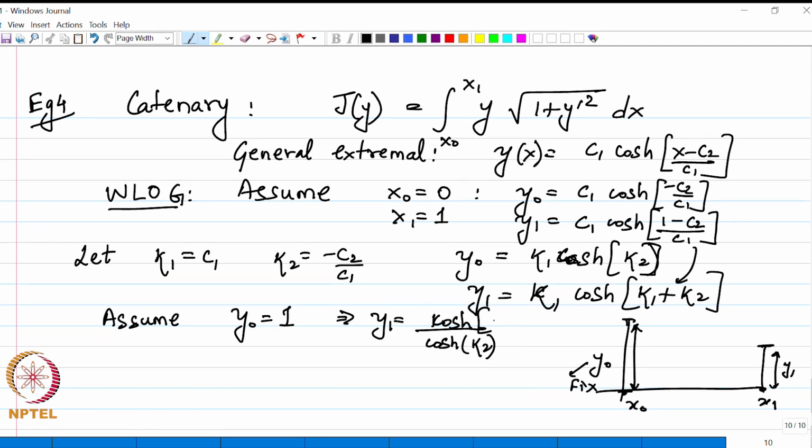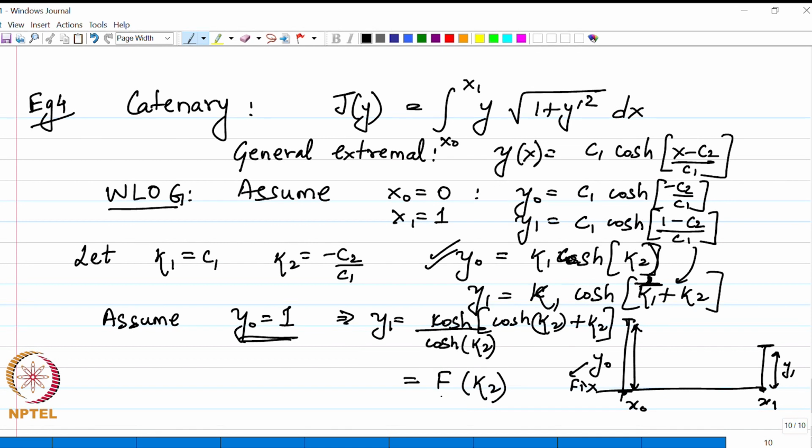Okay, I think this was 1 by kappa 1 in our expression, so 1 by kappa 1 is cos hyperbolic of kappa 2, that comes from this particular expression here by plugging in y naught equal to 1.